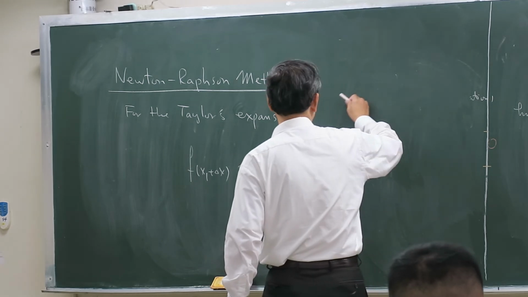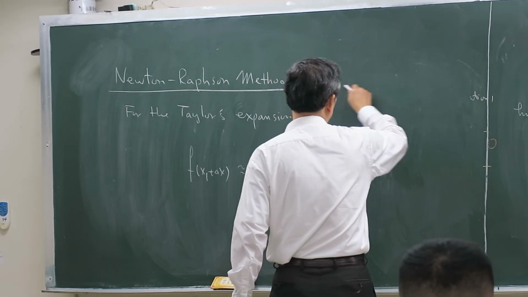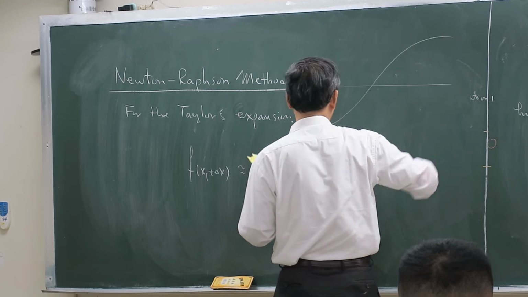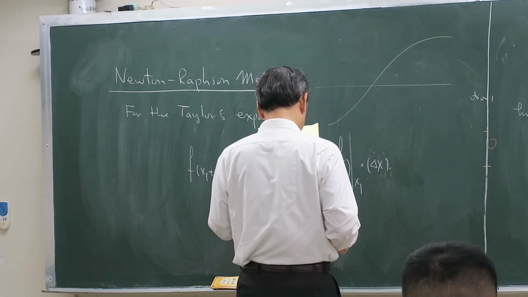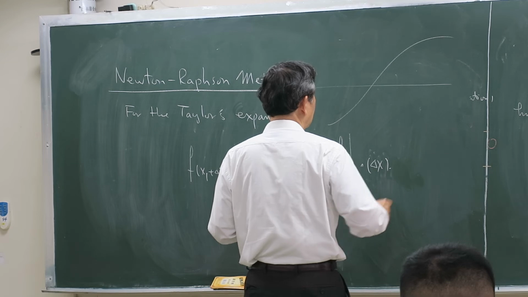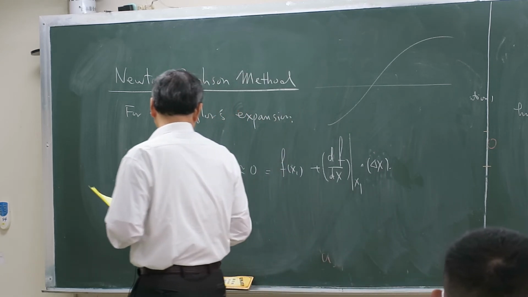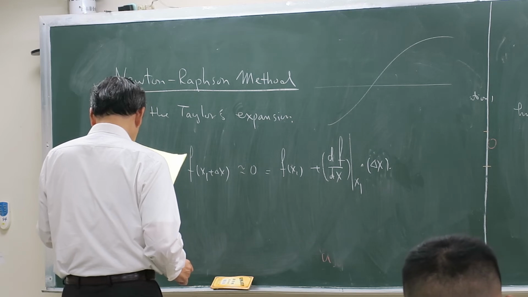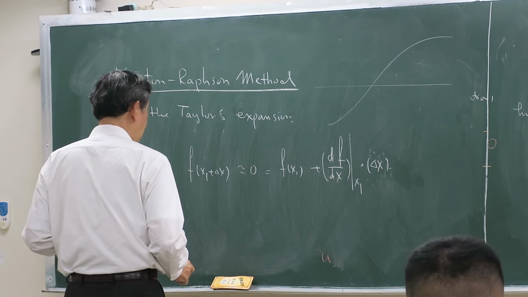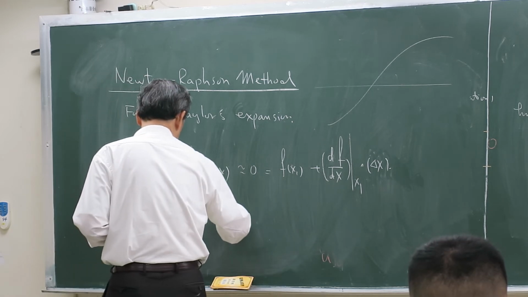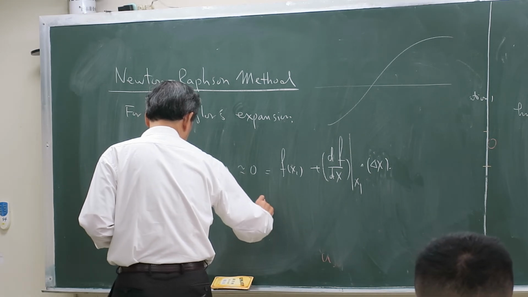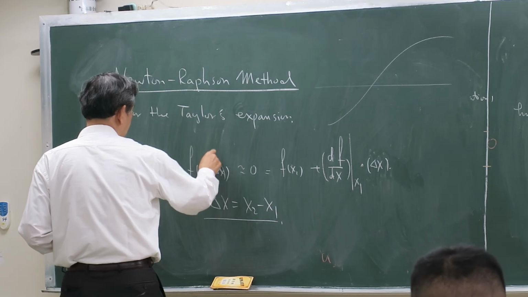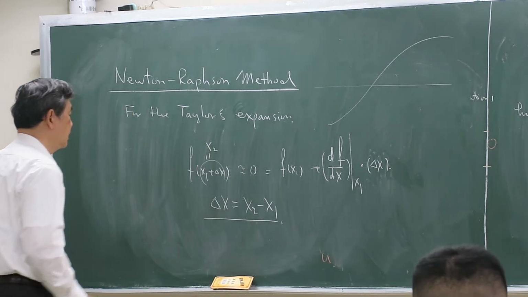This series means like this. Okay. Delta x is equal to x2 minus x1. So this is x2. Okay.